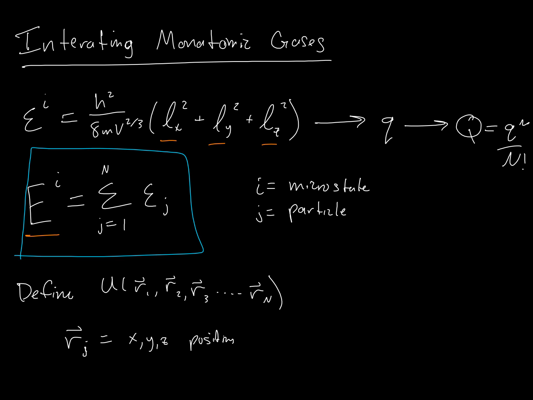There's always some extent of electrostatic attraction or electrostatic repulsion between two different particles. So in this case, the energy of some microstate i for a collection of particles is going to be equal to the summation of the energy of every individual particle with its individual properties plus the energy associated with all of the positions.